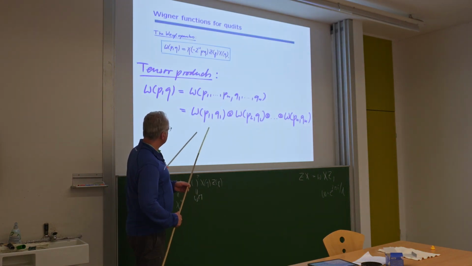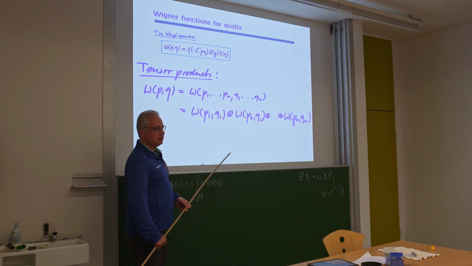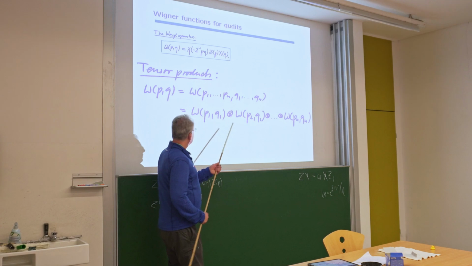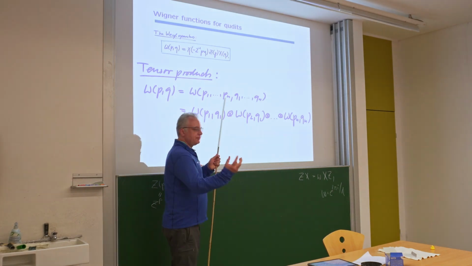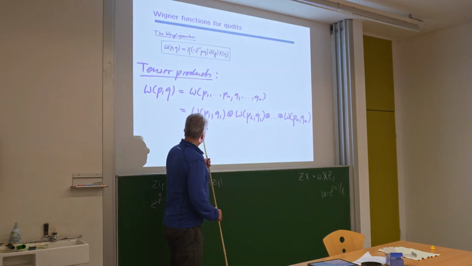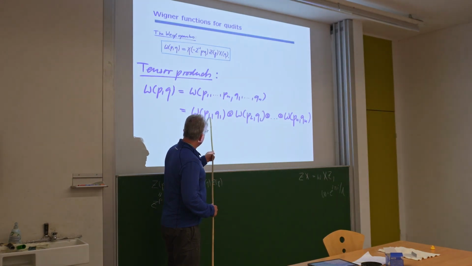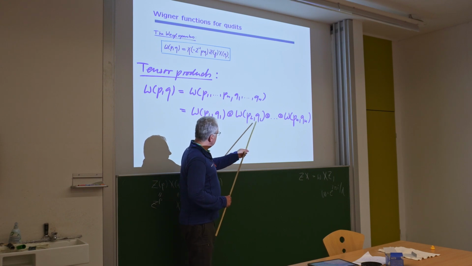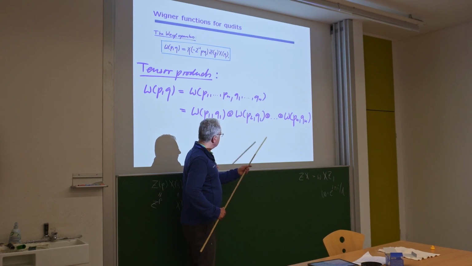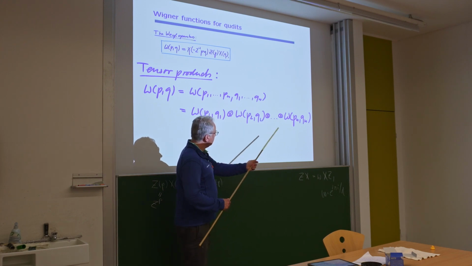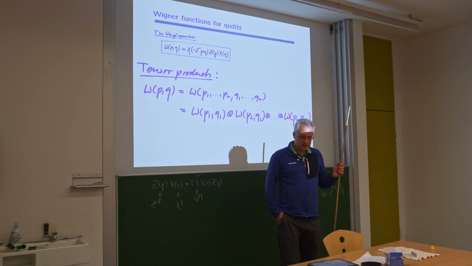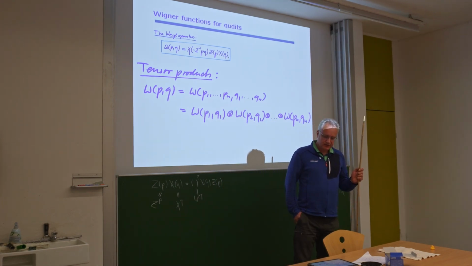The way we construct a Weyl operator out of that is through this tensor product. There is a Weyl operator for the first system that has the first components of p and q. Then there's a Weyl operator for the second system that depends on p and q for the second particle, and so on and so forth. And we tensor them together.